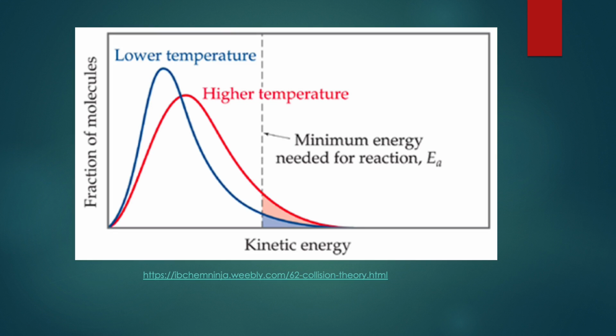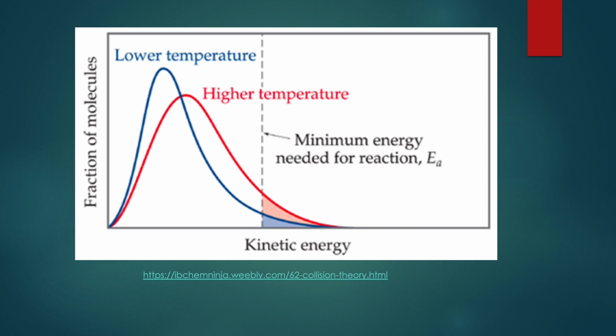But what they would do is, going back, they would draw a different color. And so let's suppose the blue is the lower temperature and the red is the higher temperature. And so they would draw this over the top of the Maxwell-Boltzmann distribution that they did at room temperature.